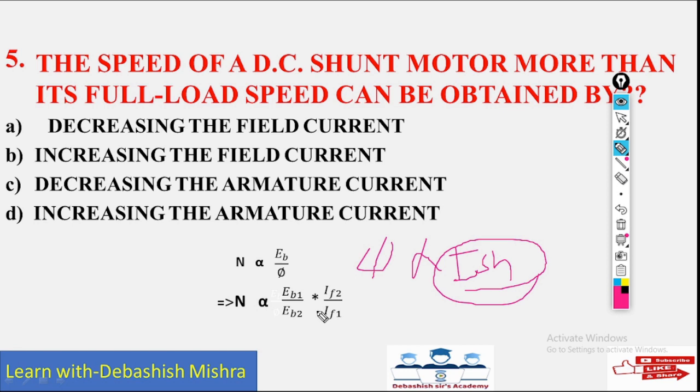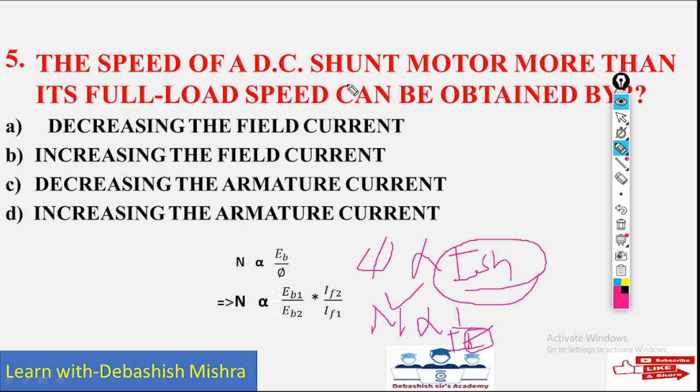So N is inversely proportional to the field current If. Clear? That means if I increase the field current, speed will decrease. If I decrease the field current, then speed will increase, inversely proportional.